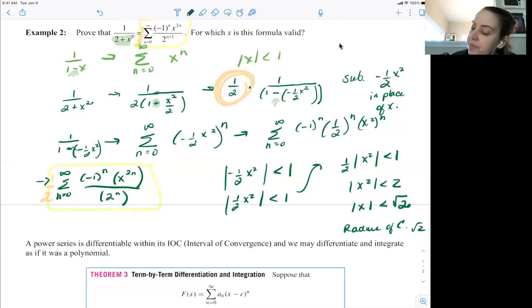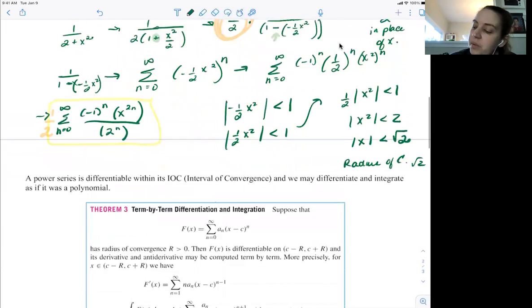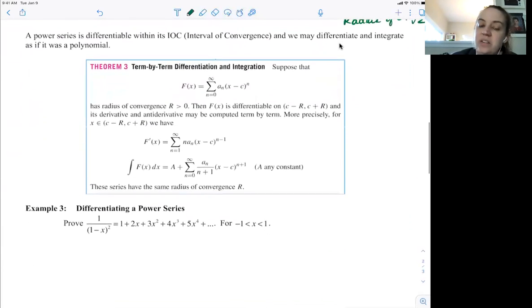All right, good. A power series is differentiable within its interval of convergence, and we may differentiate and integrate as if it were a polynomial. Term by term differentiation and integration. Suppose that I have a power series given in that form, has a radius of convergence of r greater than 0, then f of x is differentiable on that interval, and its derivative and antiderivative may be computed term by term.